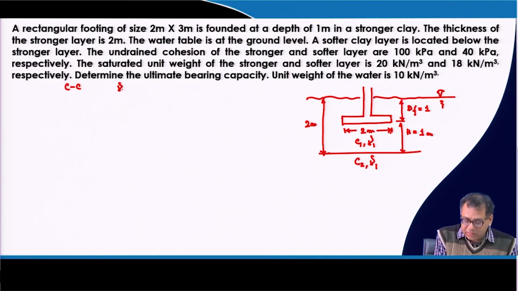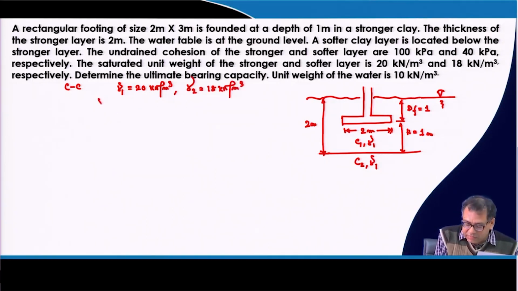Now, the saturated unit weights are not the same. For the stronger and softer layer, the saturated unit weight is 20 kilonewton per meter cube and 18 kilonewton per meter cube.